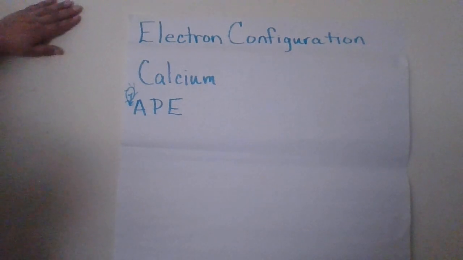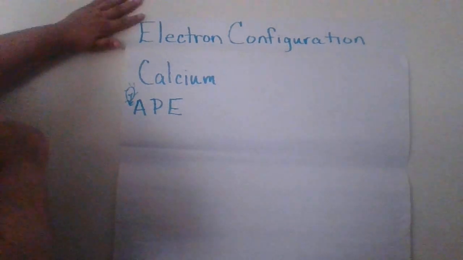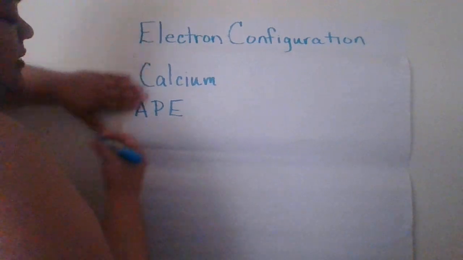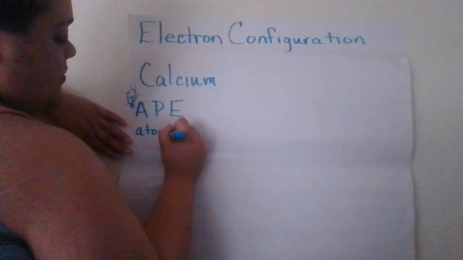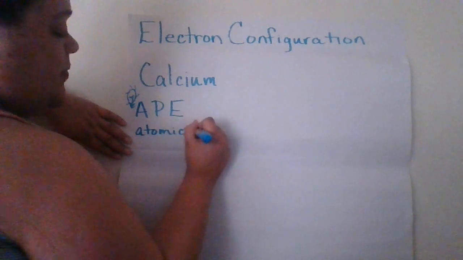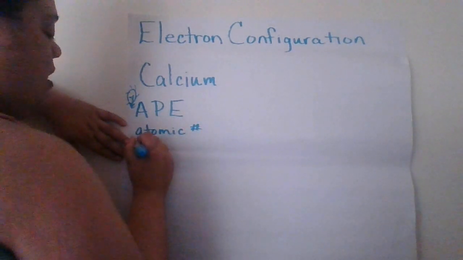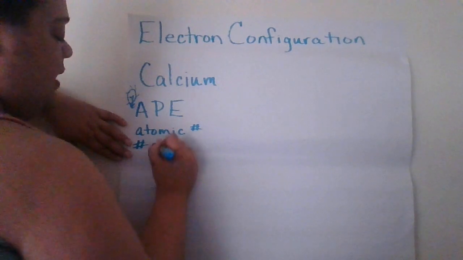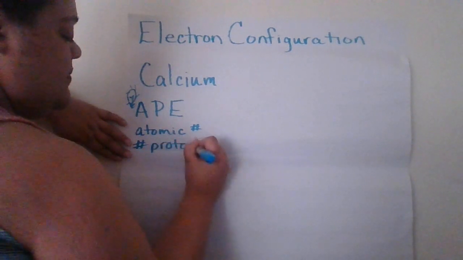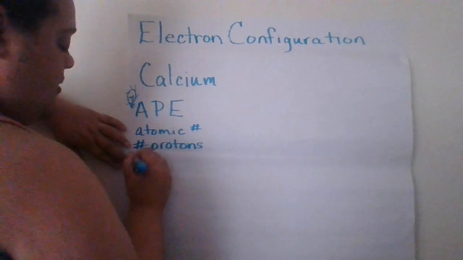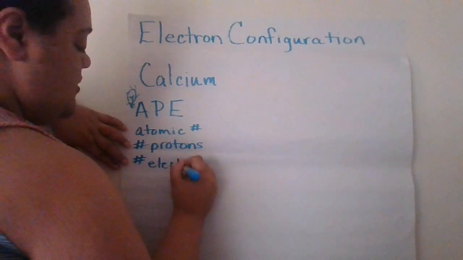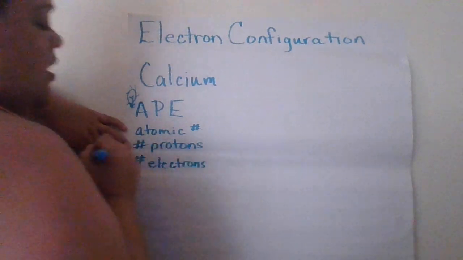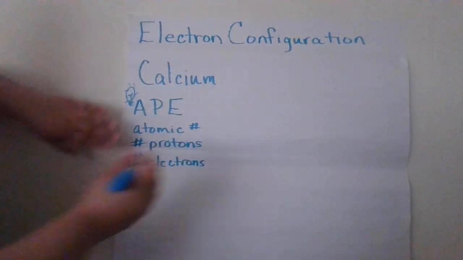Eight in the sense of electron configuration and dealing with protons, neutrons, and electrons is that our atomic number, our number of protons, and our number of electrons are all equal.